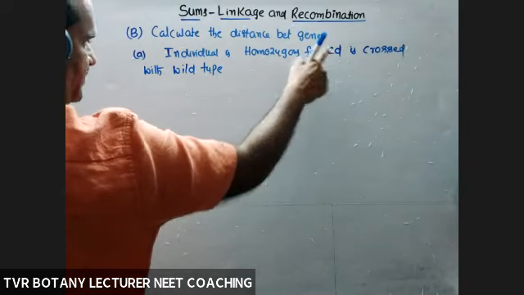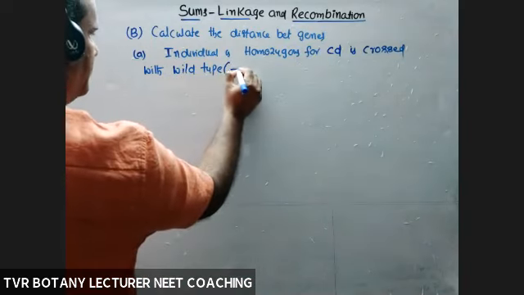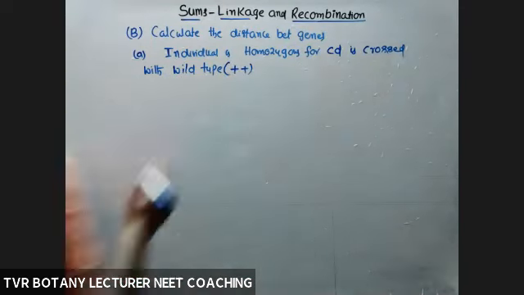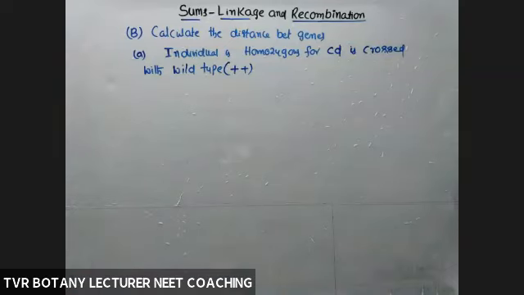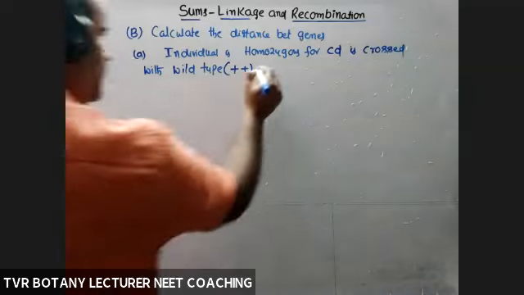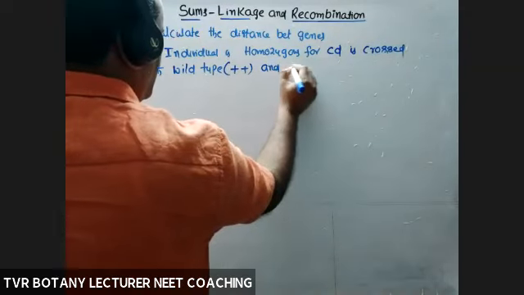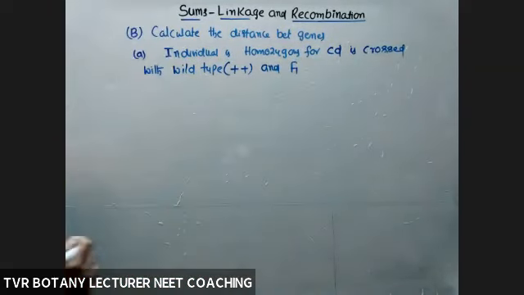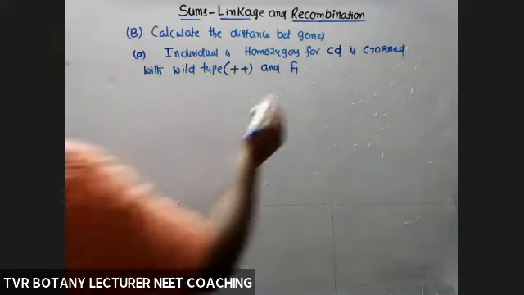Wild type means CD without a superscript, definitely you have to take plus. And F1 means plus C plus D.